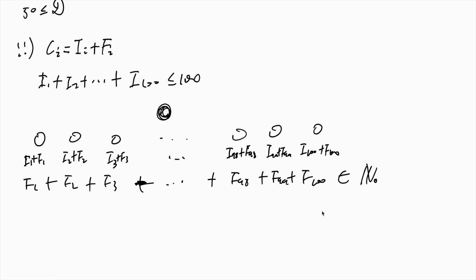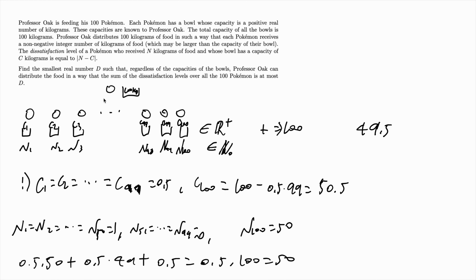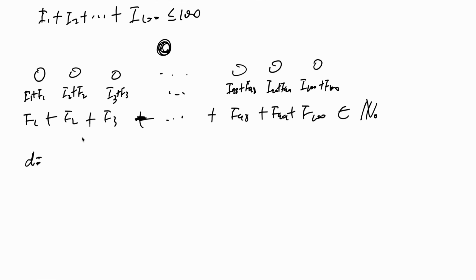So the total dissatisfaction level here, lowercase d because that's not the same D as we defined by the problem, is equal to f of 1 plus f of 2 plus, let's say the remainder is R.